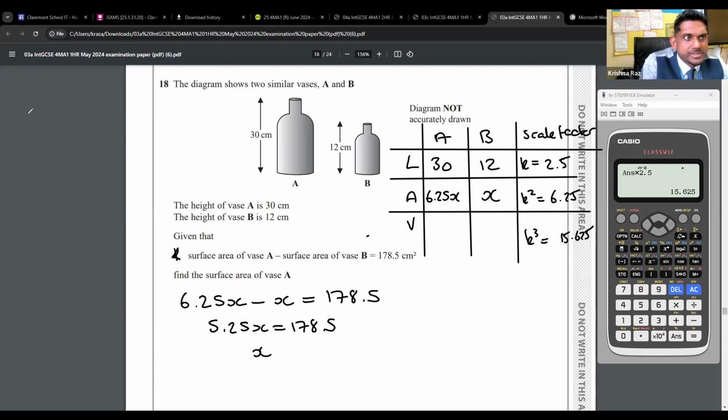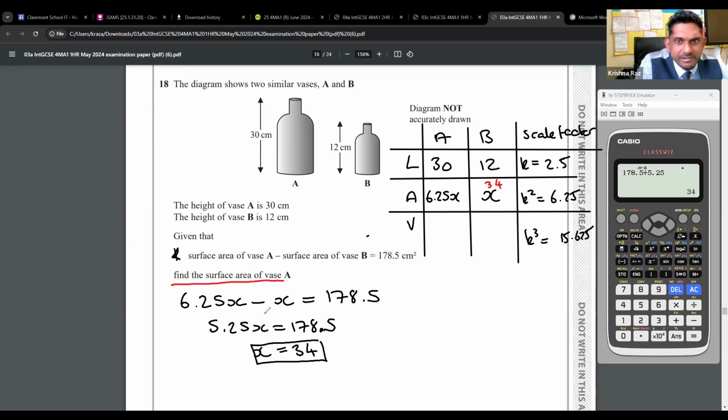So now if we do 178.5 divided by 5.25, we'll get 34. So x is 34, which means I can put in 34 here.